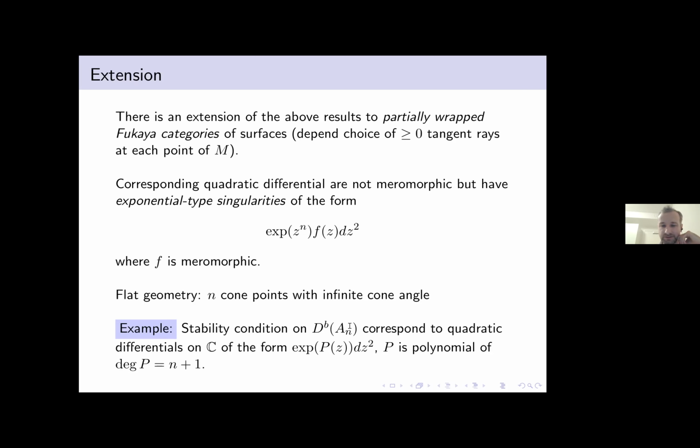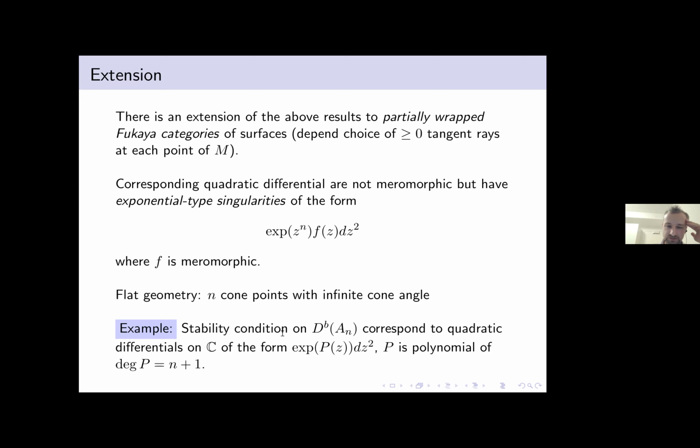And the simplest example here: if I take a disk, it corresponds to the case where I have P1 with a marked point at infinity and n+1 directions at that point. Here, this partially wrapped Fukaya category is the bounded derived category of the path algebra of the A_n quiver.